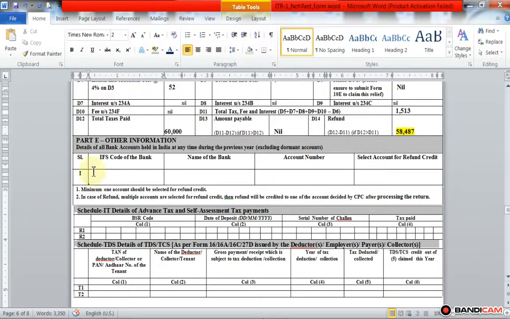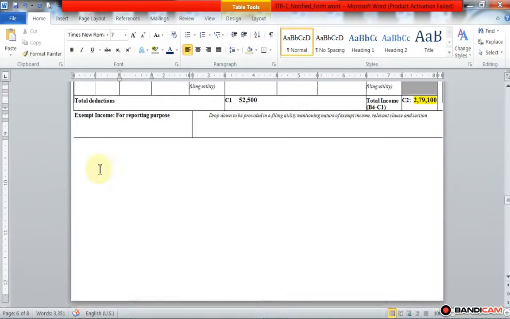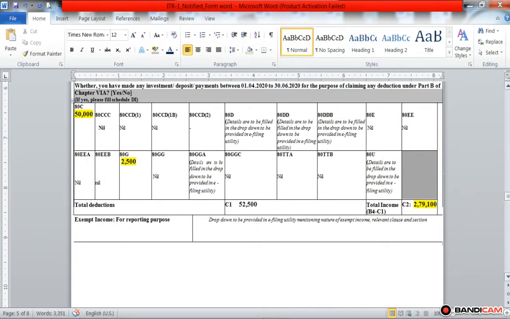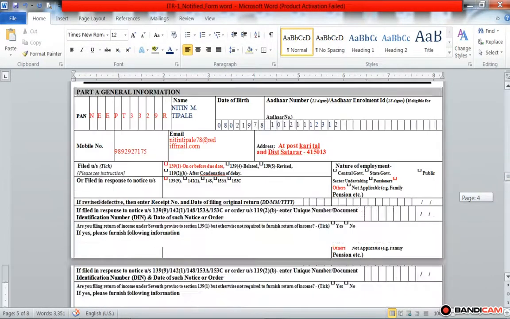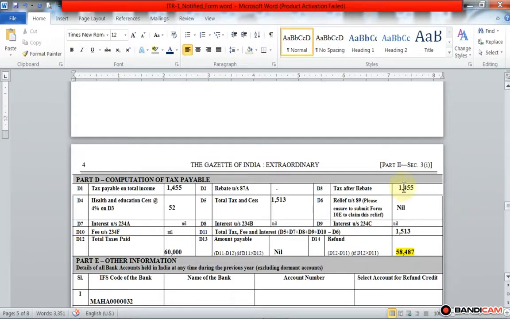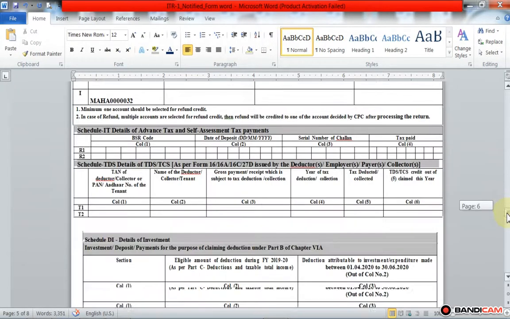IFSC code, that is capital MAHA 5x031. 31 is the IFSC code.